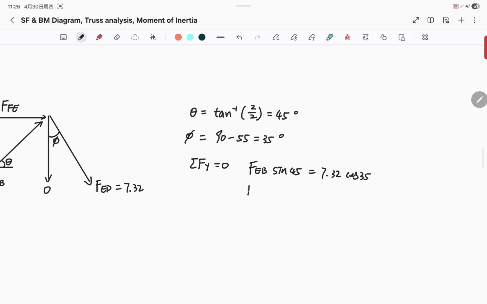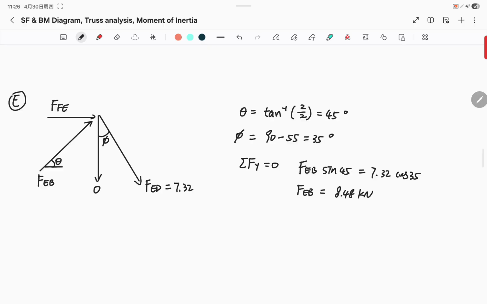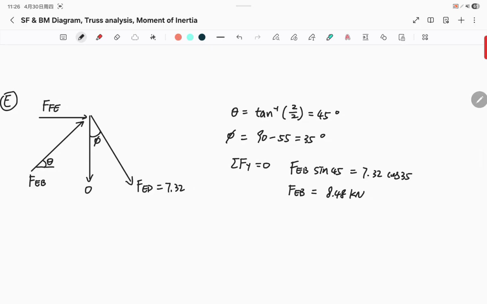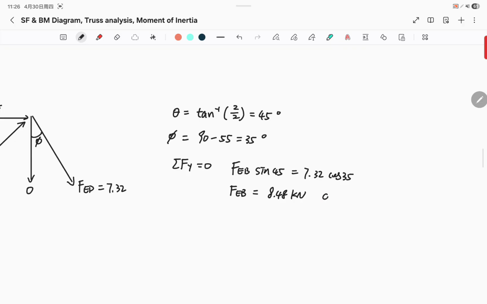Solving this, we get FEB to be 8.48 kilonewton. And since we got a positive value, that means our assumption is correct. It is in compression.